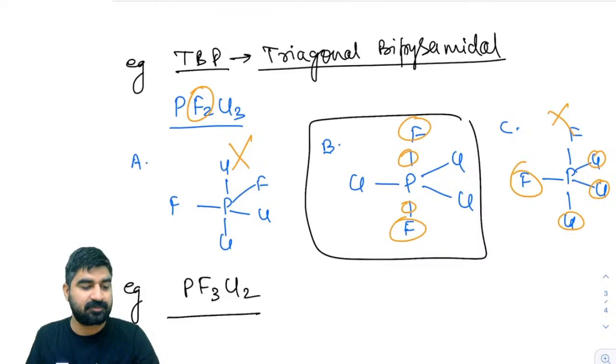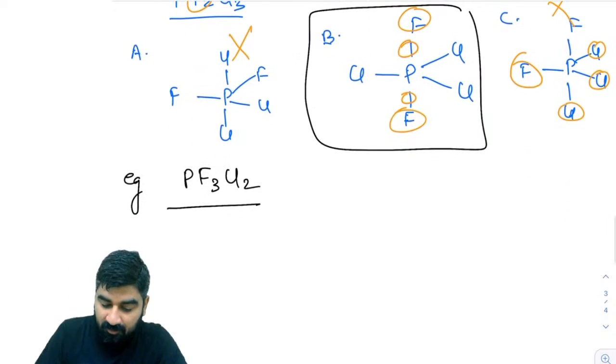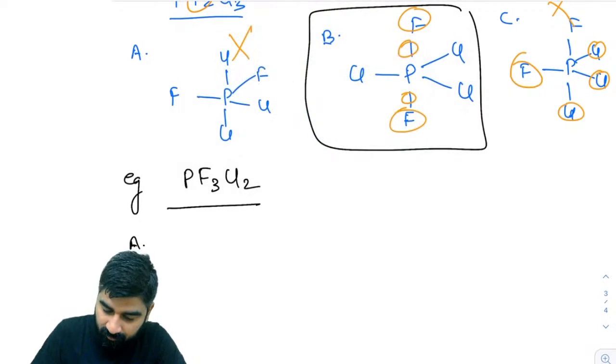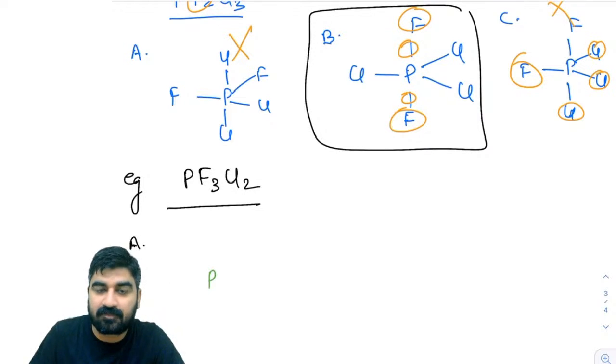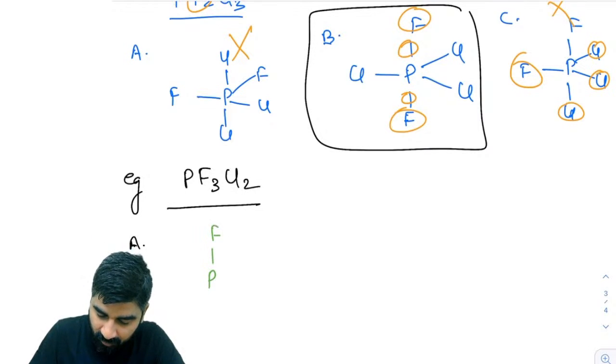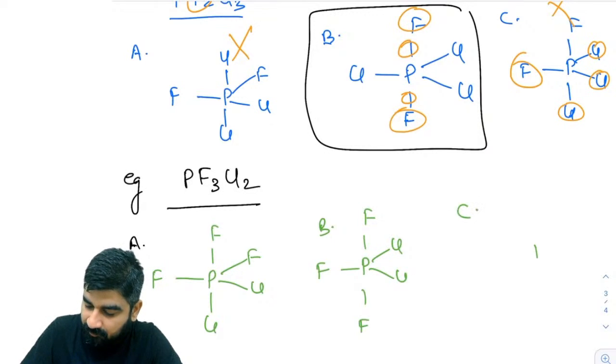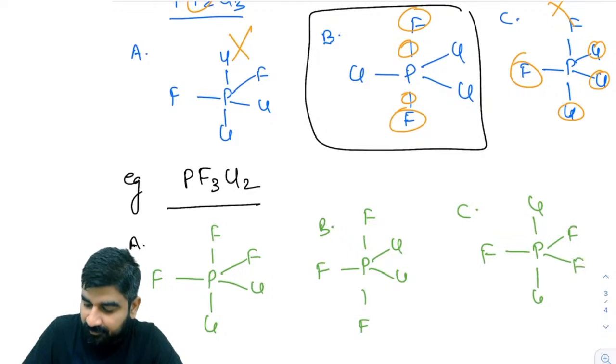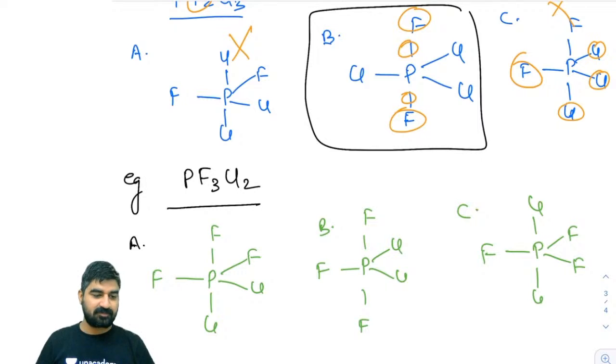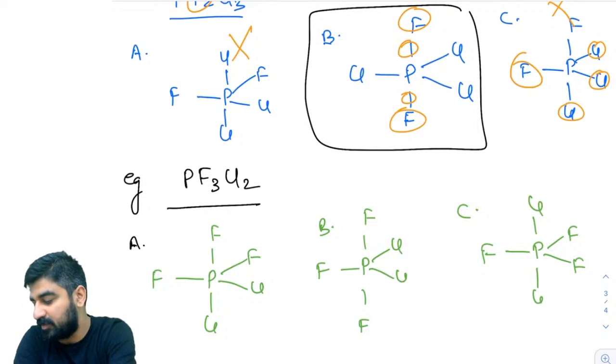So now let's do it. For this, suppose I'm giving you some options. We have P, option B, option C. Tell me now, which one is right, guys?